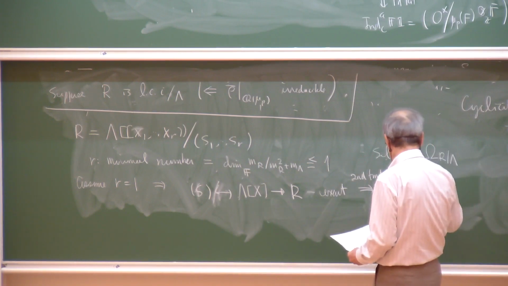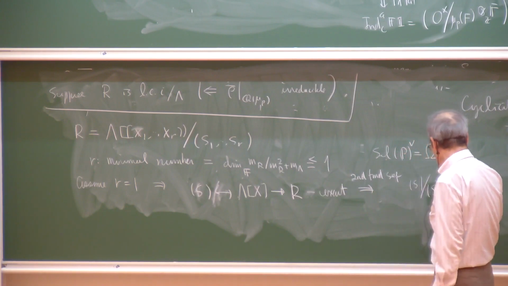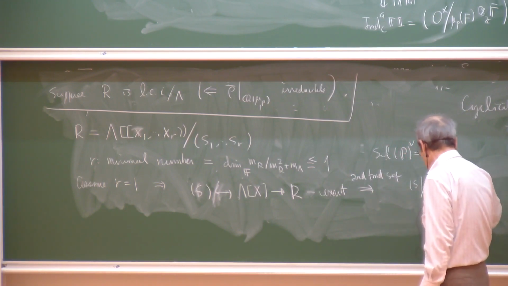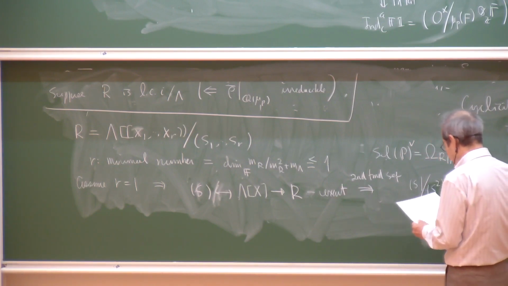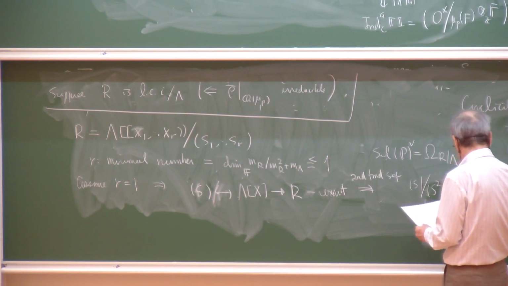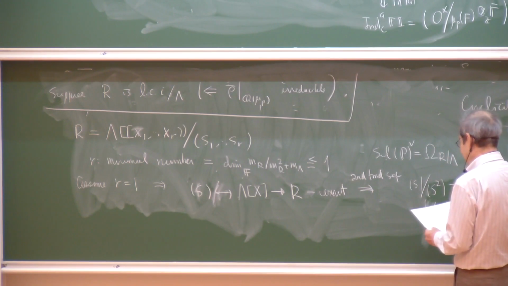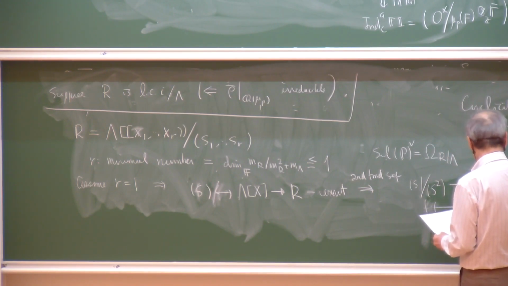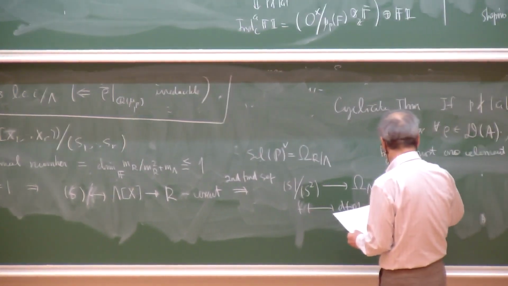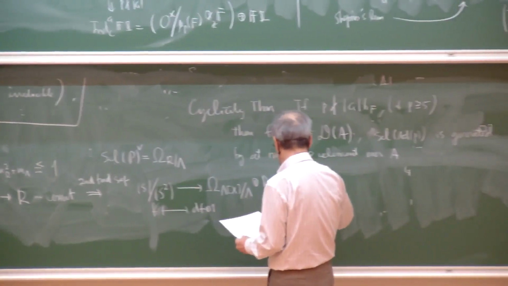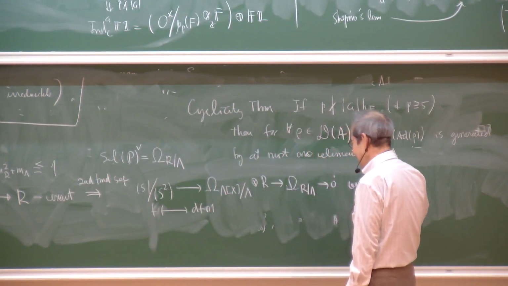You get S over S square goes to, so A go F, df tensor 1, omega, lambda X over lambda tensor R goes down to omega R over lambda goes to 0 exact.